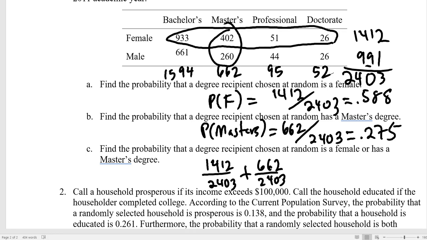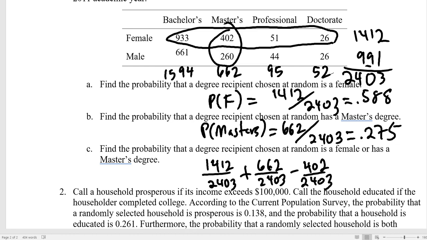Were there any females with master's degrees? There were. 402 people got counted twice. So out of the 2403, we take away that overlap. They got counted twice.